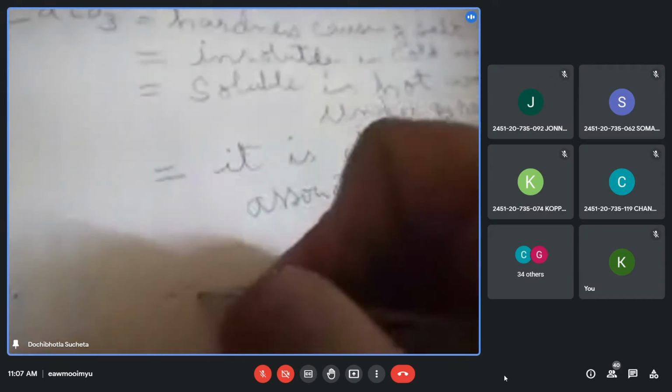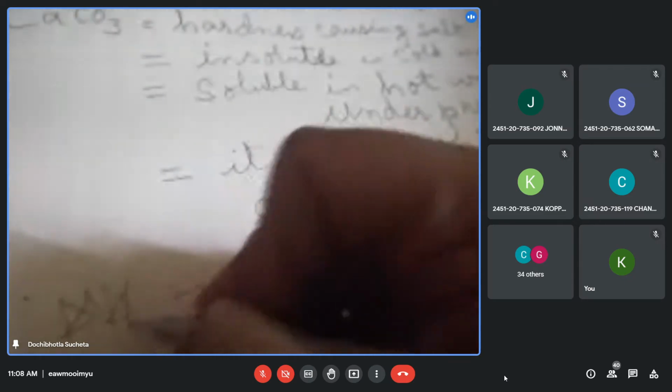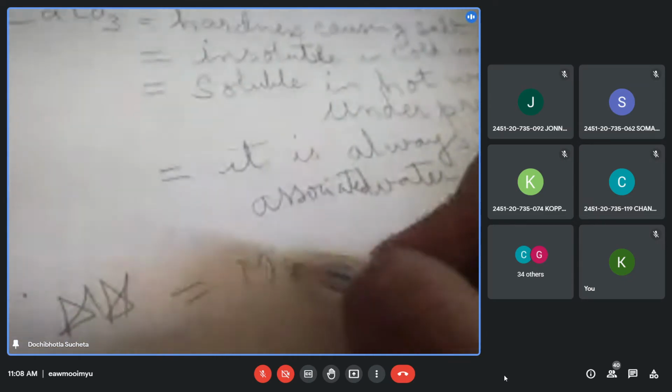The other important star mark point you should know is that its molecular weight is 100.